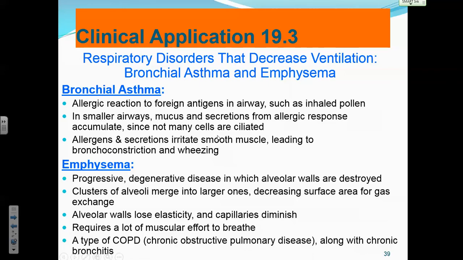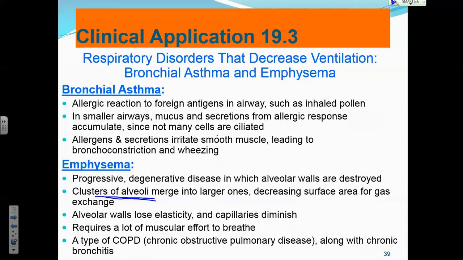Emphysema, when somebody has emphysema, this is interesting. You've heard of emphysema probably, right here. You remember how the alveoli are clustered? It's like a little cluster of grapes. A lot of times they merge into one huge sac instead of a bunch of little ones, which decreases the surface area. So even though the alveoli are big, that means the surface area is not as much.